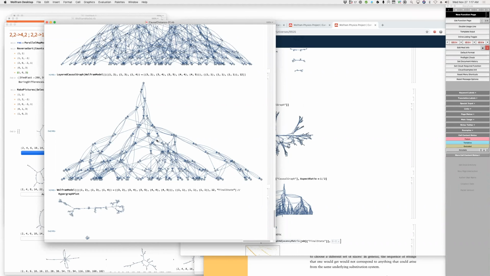Yes, some weights 1 over something because there are multiple cases. If two different branches converge to the same event, and we only count this event once, that means the weight of each of those branches is going to be 1 over 2.